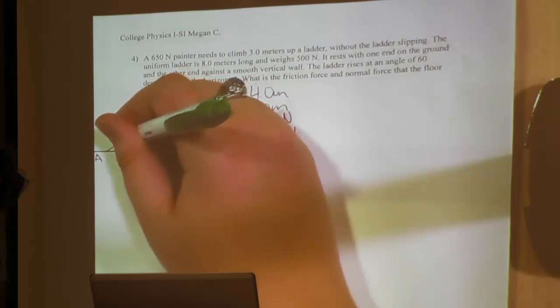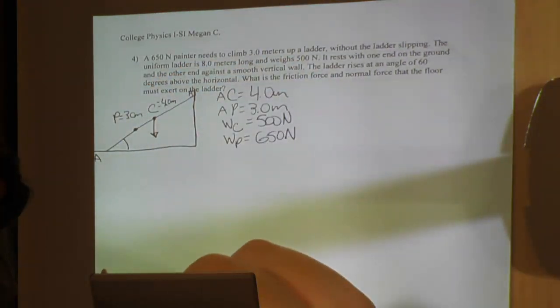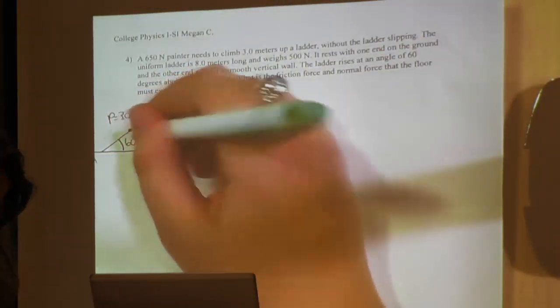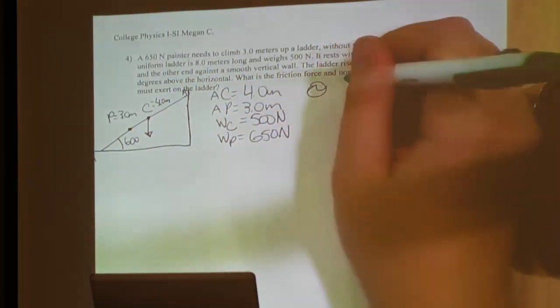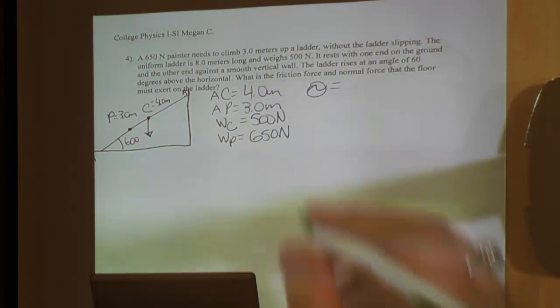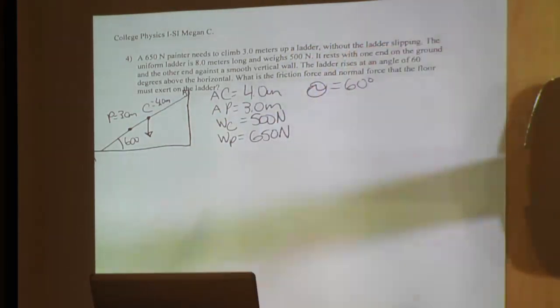And then we also have an angle of 60 degrees above the horizontal. So to kind of conceptualize what this is trying to ask us, because it's asking for force, but how do we need to find those forces? What concept do you think we're going to need to use?